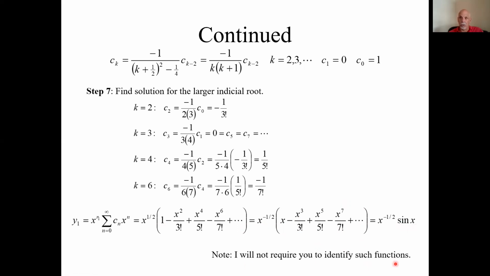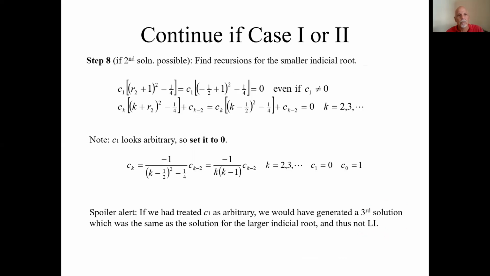I would not require you to do this. If you took the course from me, I would not require you to do that on an exam or even for homework. But here we have one of the two particular solutions. It was based on the larger initial root. So now what do we do?